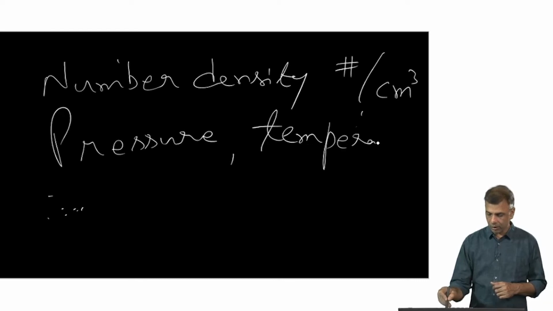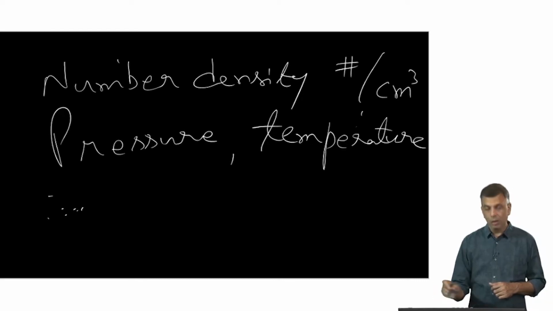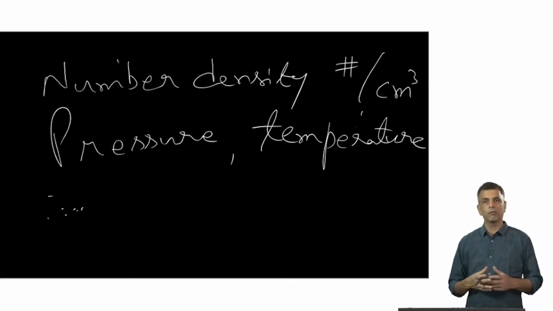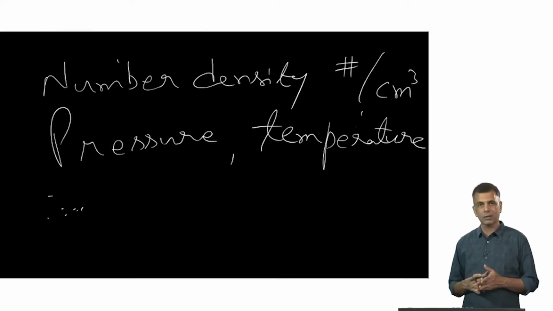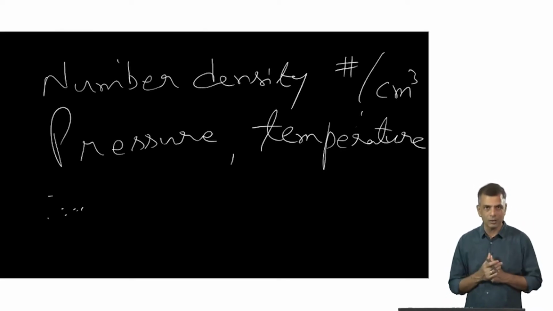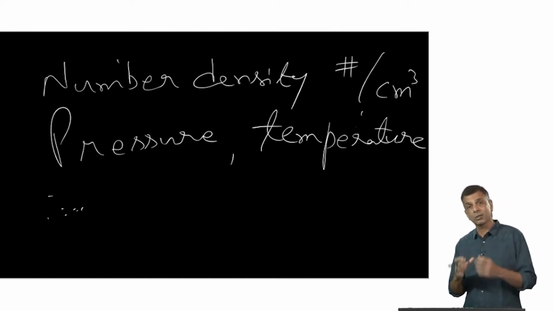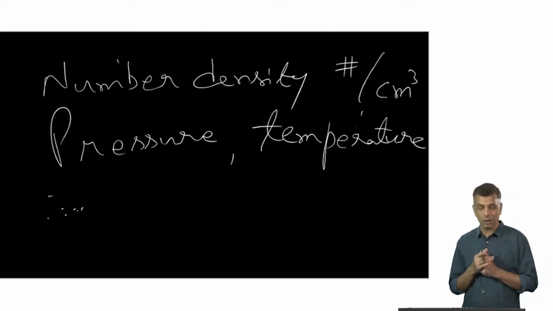These are familiar things to you when you talk about fluids. It makes sense, for instance, to talk about the temperature of gas in this room, to talk about the number density of gas in this room. Either it's so many particles per cc or something else, in which case you make a comment about whether the gas is dense or not so dense, whether it's hot or not so hot.